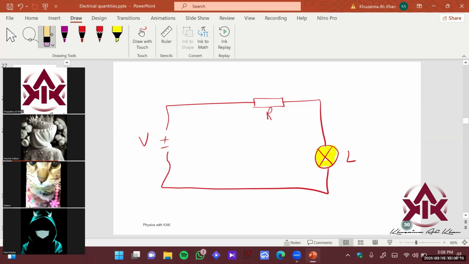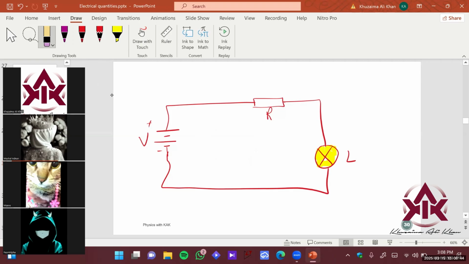Let me make a correct battery so that you can relate to the content. So it's a battery here, right? This is positive, this is negative here. Can anyone tell me the direction of current? Does it flow like this, positive to negative, or does it flow from negative to positive? Raise a hand and answer quickly. I want a quick comment here.